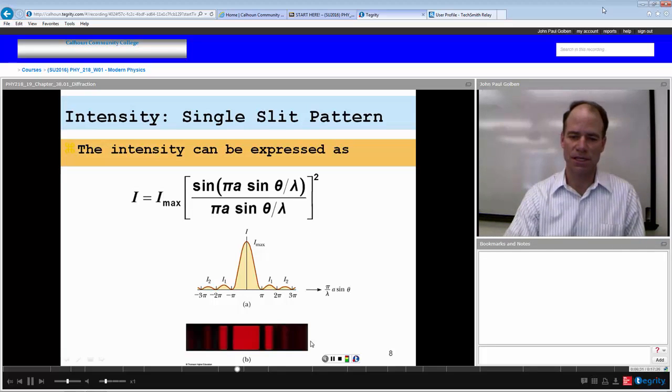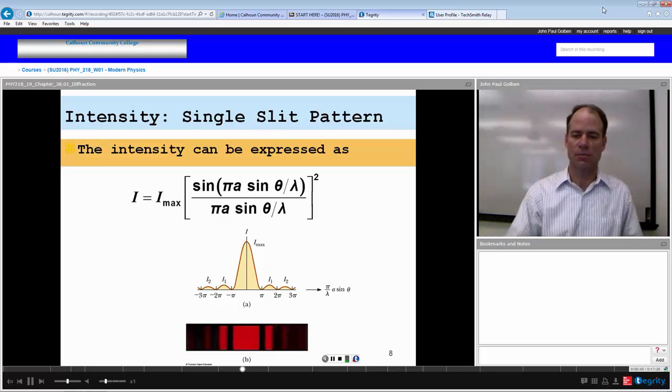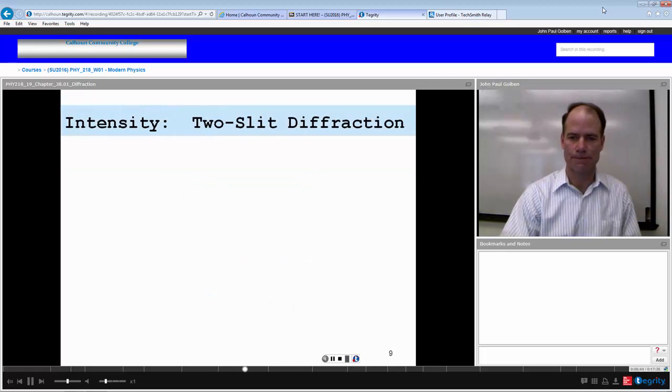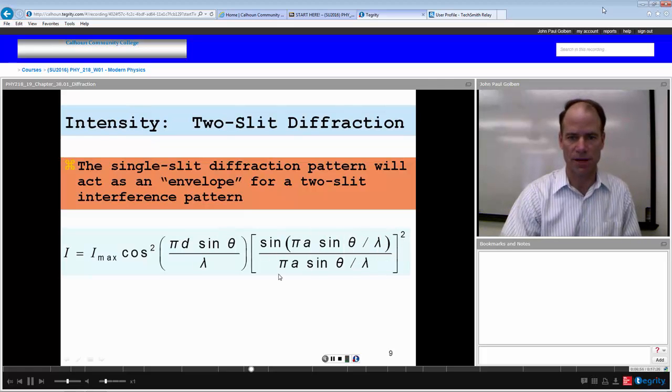Here we see the intensity pattern for the single slit: a broad central maximum, and then maxima on either side, separated by points of minima. The single slit diffraction pattern will act as an envelope for the double slit interference pattern.